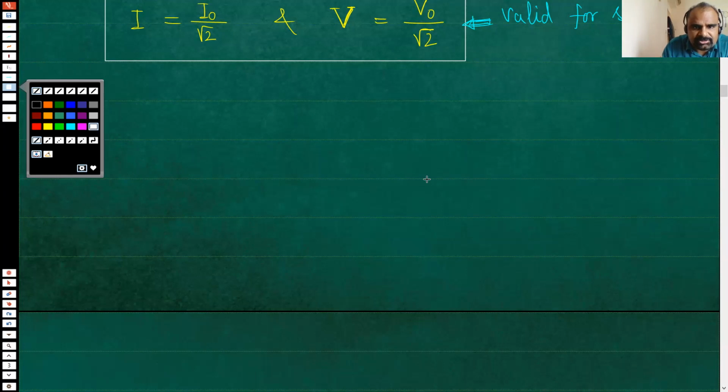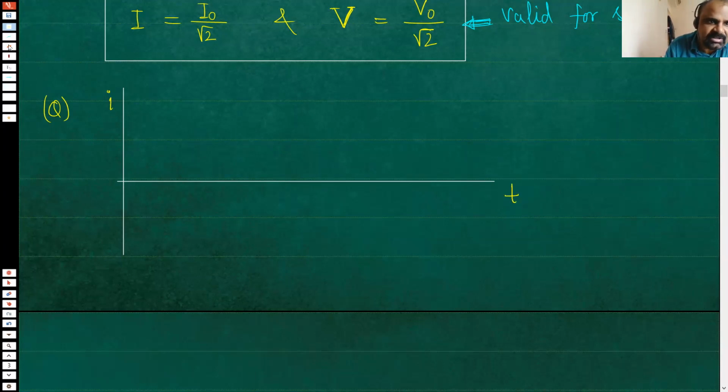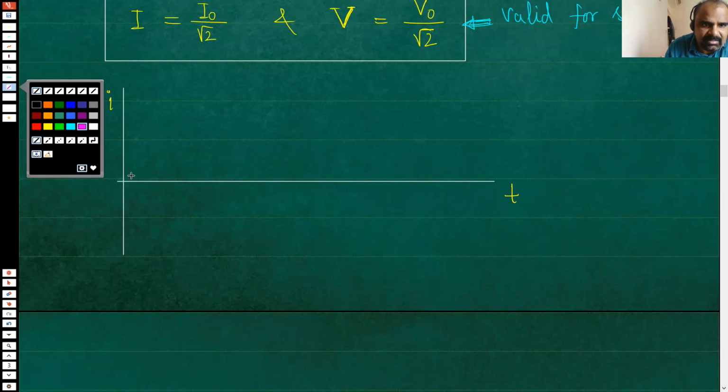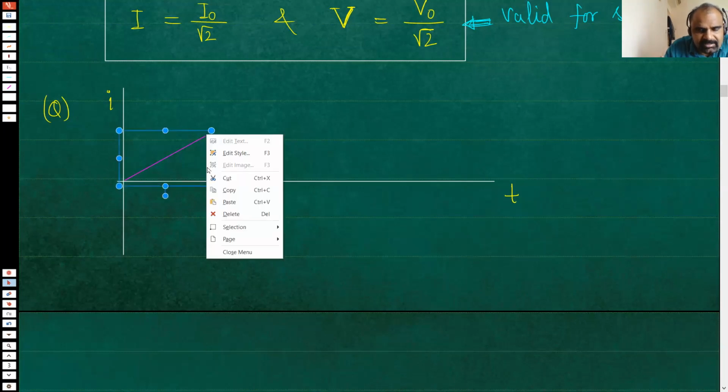So let me draw a graph. This graph I'm drawing, this graph is current versus time graph. And this graph is like a triangular function.